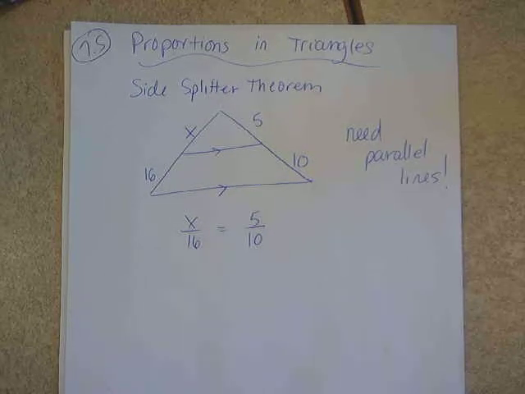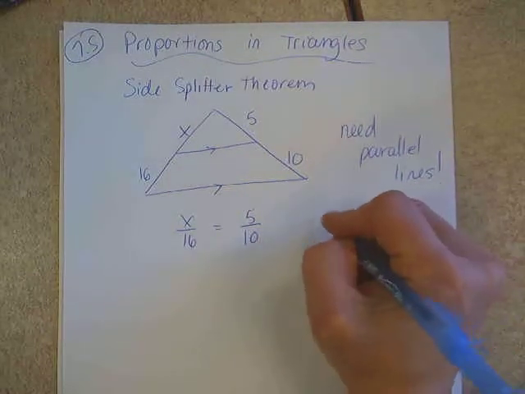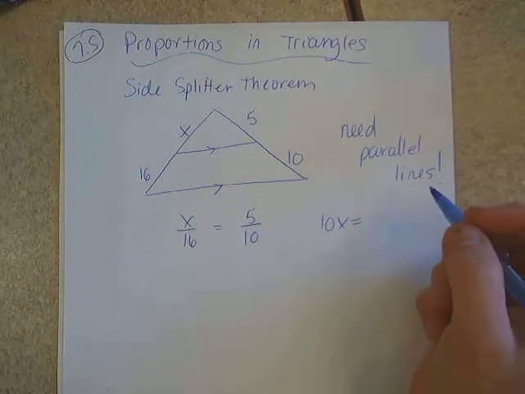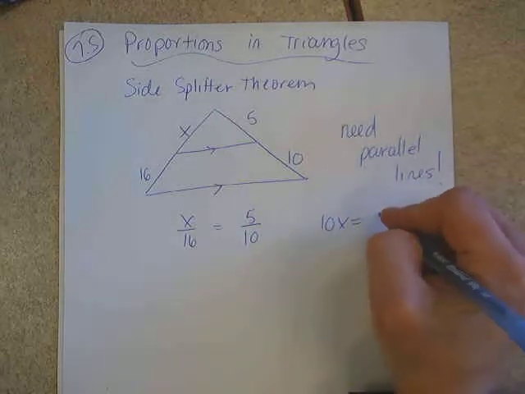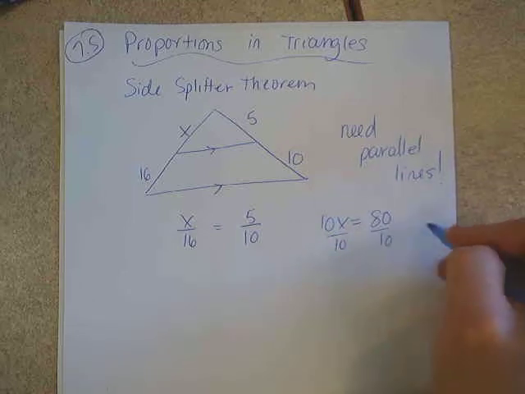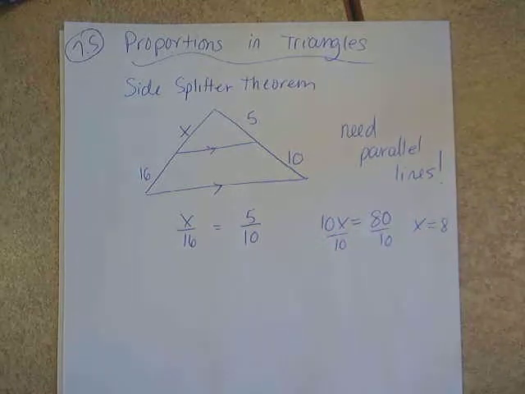From here, we're solving that proportion. So you would have 10x equals 16 times 5, which is 80, yes? Divide out 10, so x should be 8.